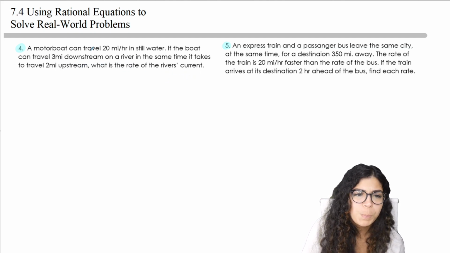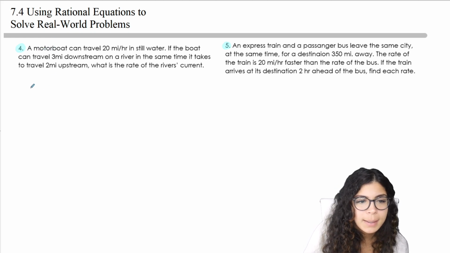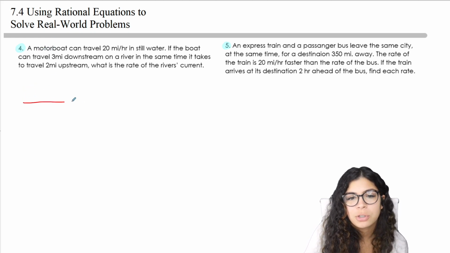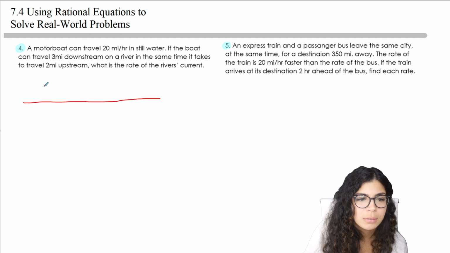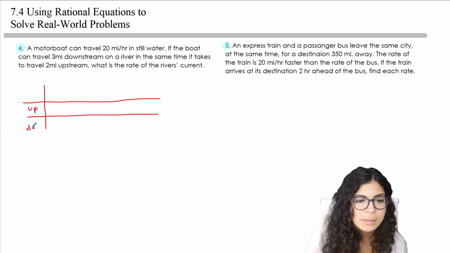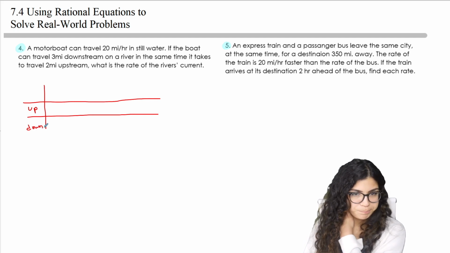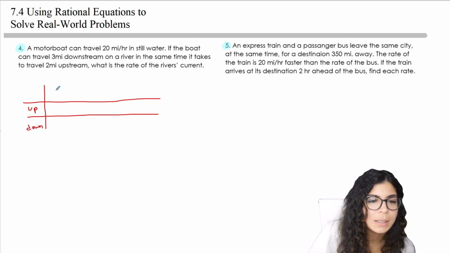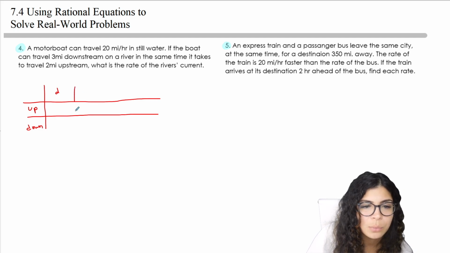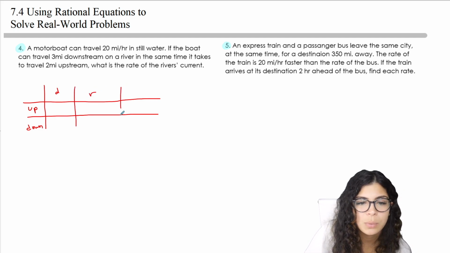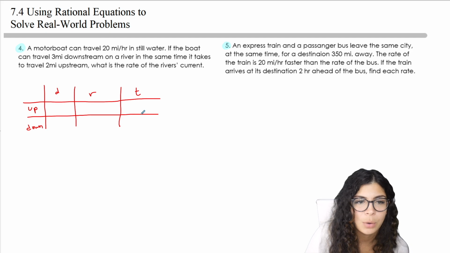Okay, so let's go ahead and organize our information. Makes it a lot easier. We have upstream and we have downstream. Now we need distance, we need rate, and then we need some sort of equation for time, all right?